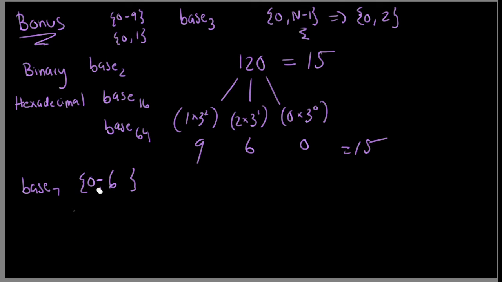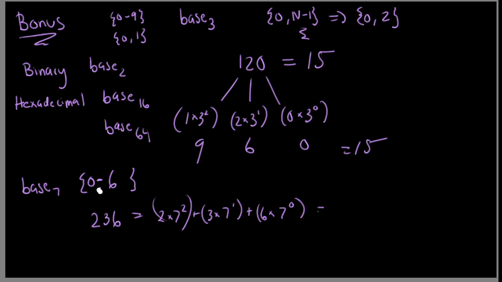All right, so maybe we want a number that looks like, trying to keep this simple so that it's not too hard to compute, 2, 3, 6. In base 7, this is actually going to look like, remember, start at the right-hand side usually just to keep your life a little bit easier so you can count up in the exponents rather than having to count down. So we have 6 times 7 to the 0, then 3 times 7 to the 1, then 2 times 7 squared.